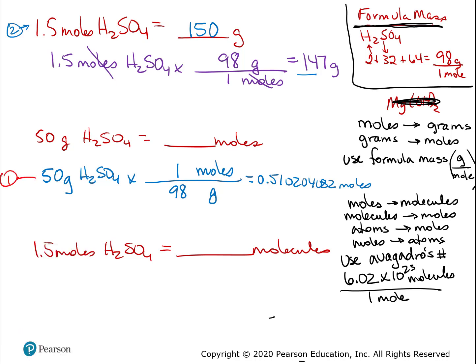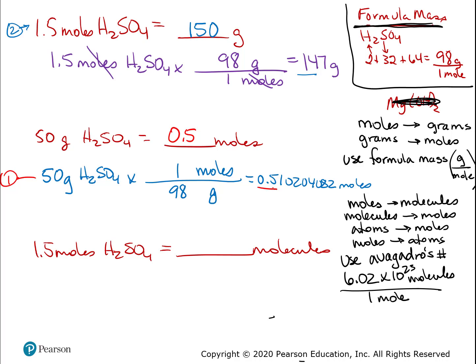Just 1. Remember, because the 0 is only significant if there's a decimal. So what am I going to round this to? 0.5, right? Because remember, the zeros out front are never significant. Zeros at the end are only significant if there's a decimal. Since there's no decimal in 50, it's just one significant figure, so I would round this to 0.5.